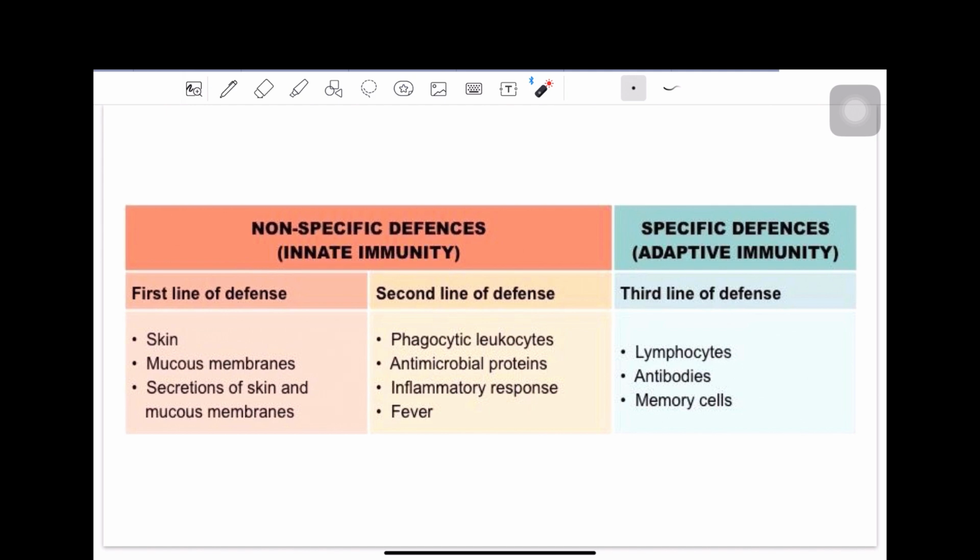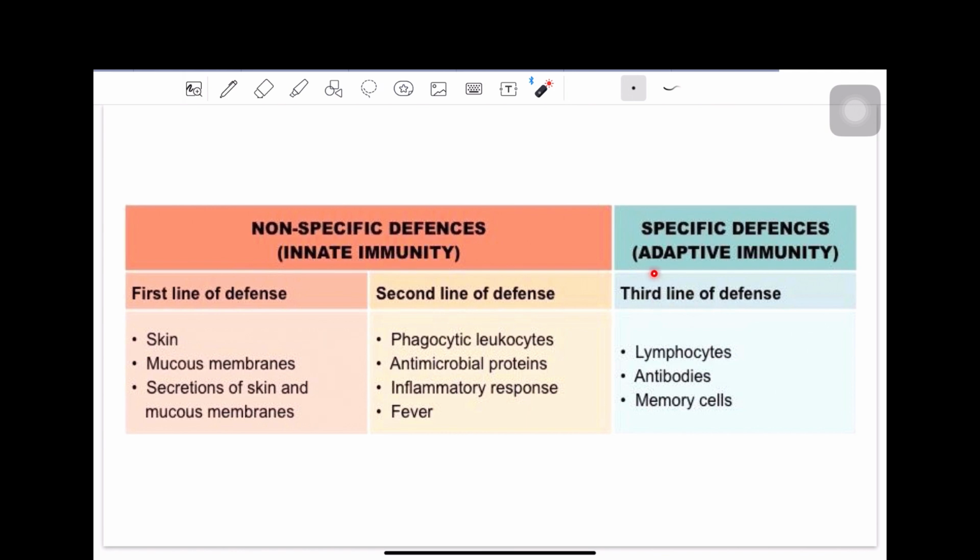And we know that the T cells can be cytotoxic T cells, they can be helper T cells. So the cytotoxic T cells directly kill the virus infected cells. The helper T cells help the B cells to produce antibodies. And we also know these antibodies can directly kill the pathogen, or they can directly neutralize the toxins.